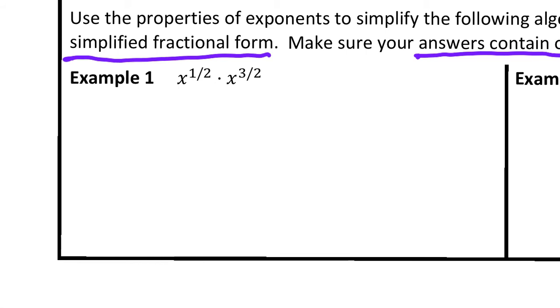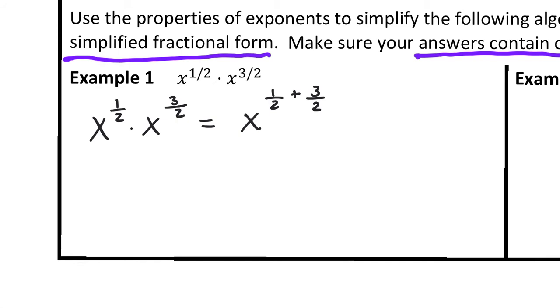Okay. So we have the multiplication of x to the power of 1/2 times x to the power of 3/2, and this is equal to, when we have two exponential variables multiplying, their exponents are going to add. So we're going to add 1/2 plus 3/2.